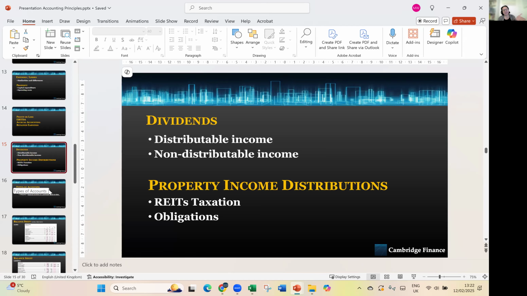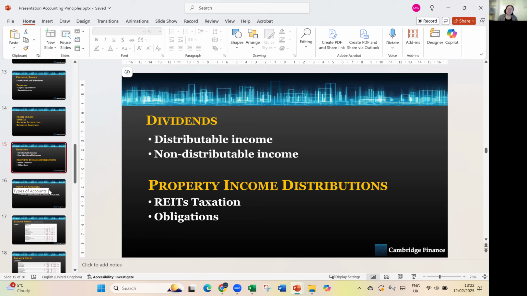The idea is that the income is then distributed, so it's a tax efficient or tax transparent way to deal with the taxation, in that the shareholder will have to pay the taxes at their own income level. So if they're a high earner, they will pay a higher rate. If they're a low earner, or if it is, for example, pension funds or sovereign wealth funds that don't pay corporation tax, then it means that they don't have this tax leakage, as we call it.